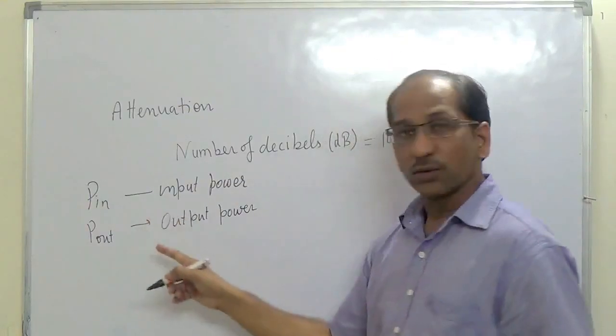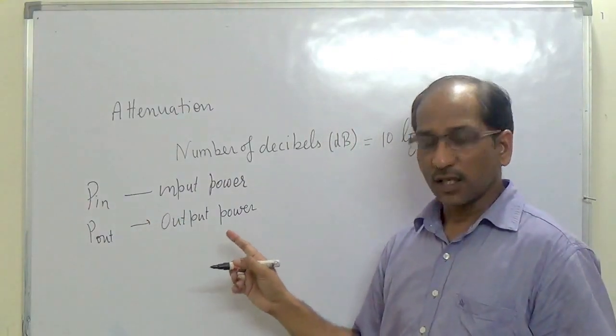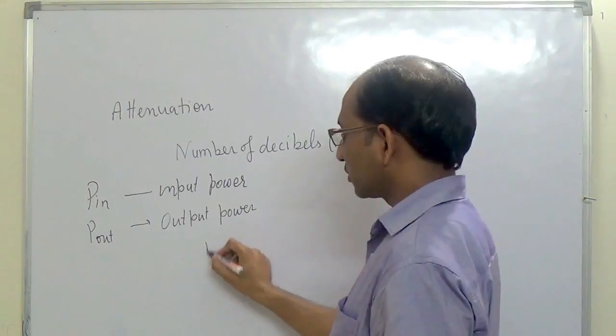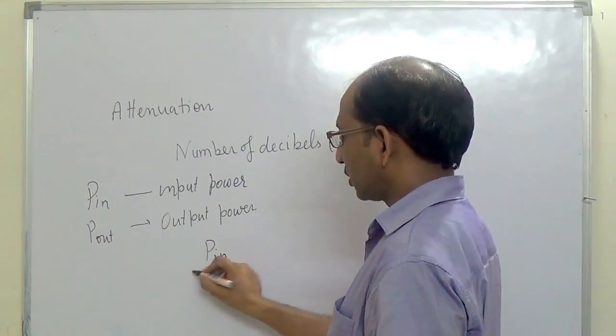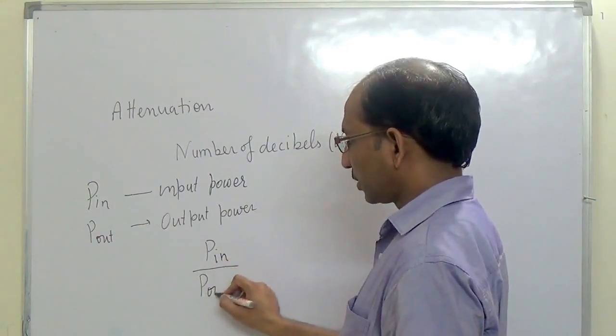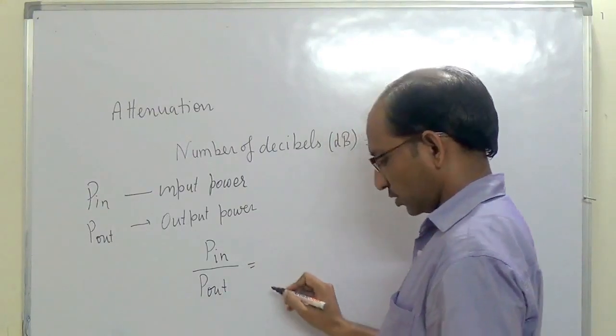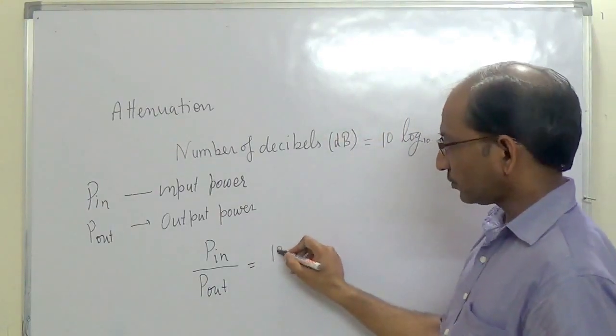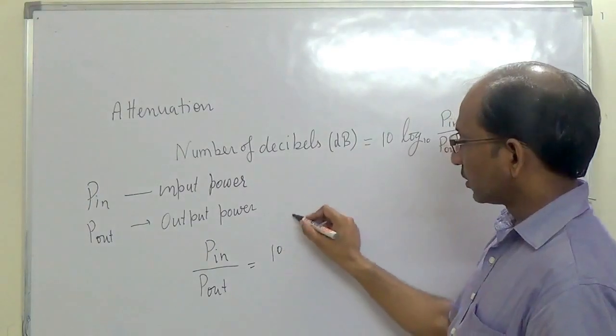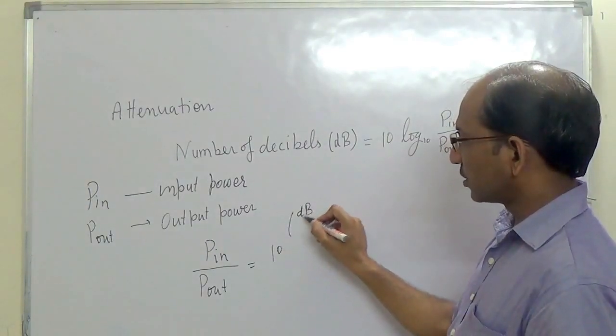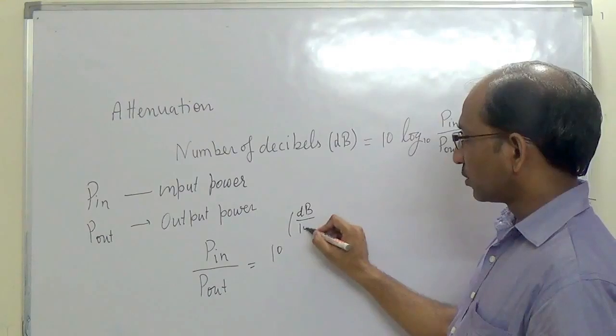So the input and output ratio can be written as P in by P out is equal to 10 to the power decibel number divided by 10.